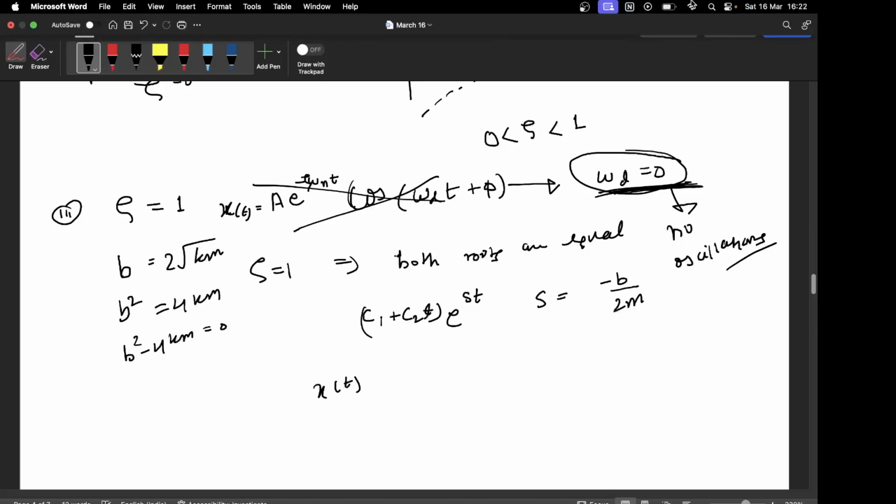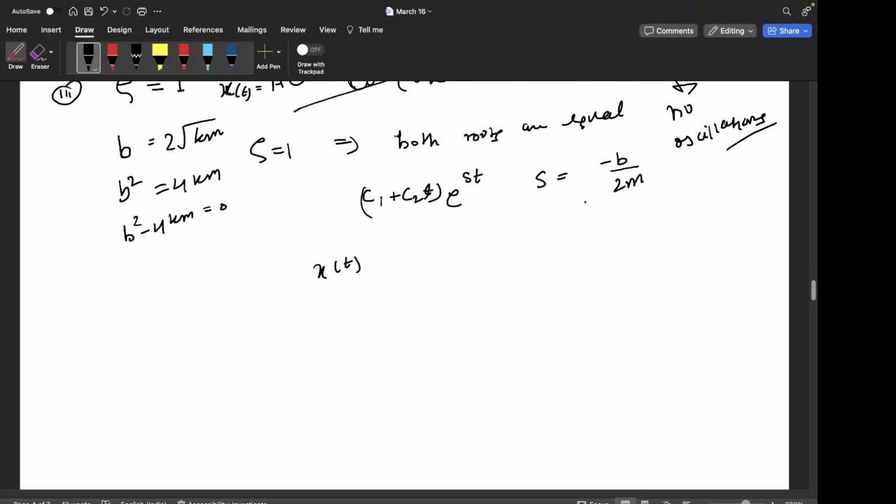Okay, so x of t is e to the power minus b by 2m t, right? So in this case there are no oscillations, and the system is basically coming down to its neutral position without any oscillations, right?